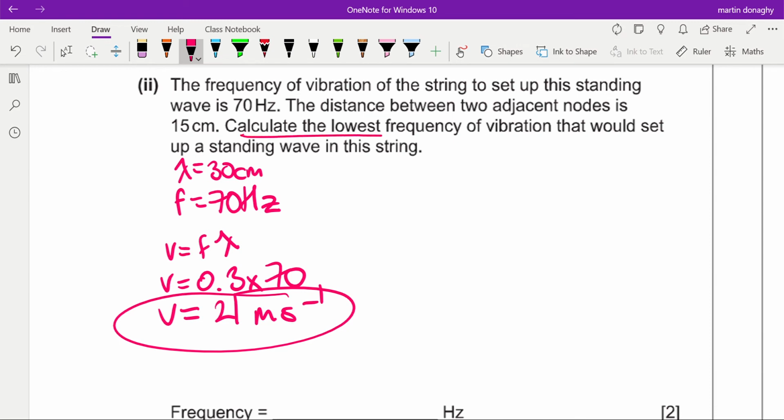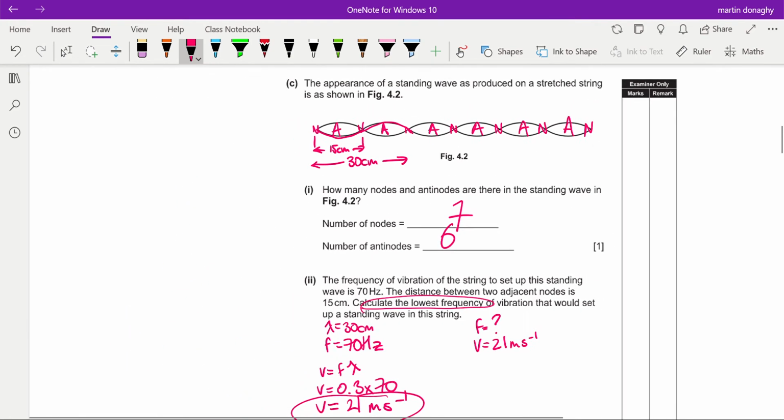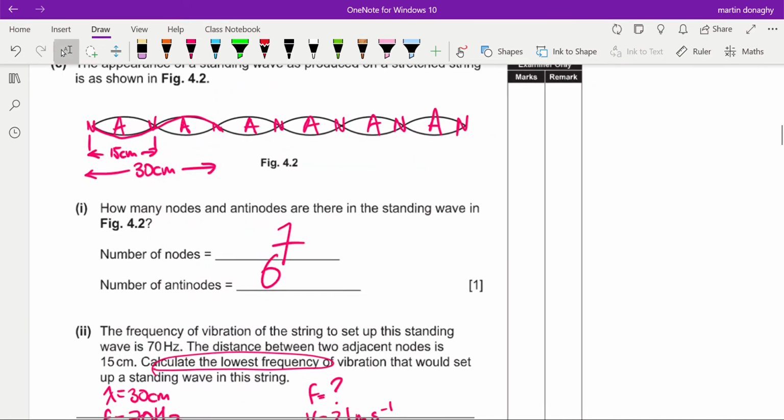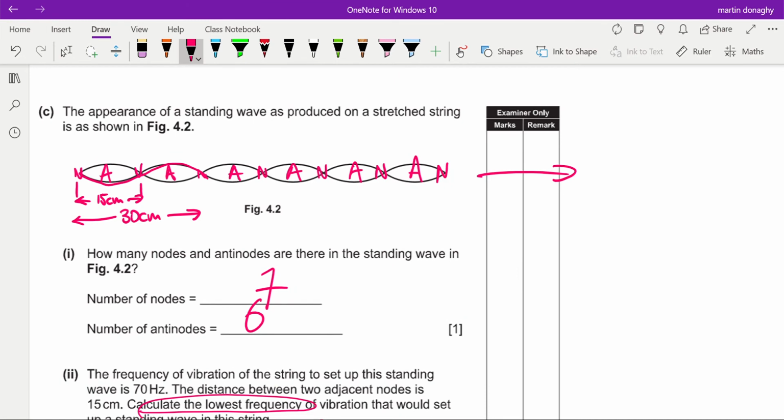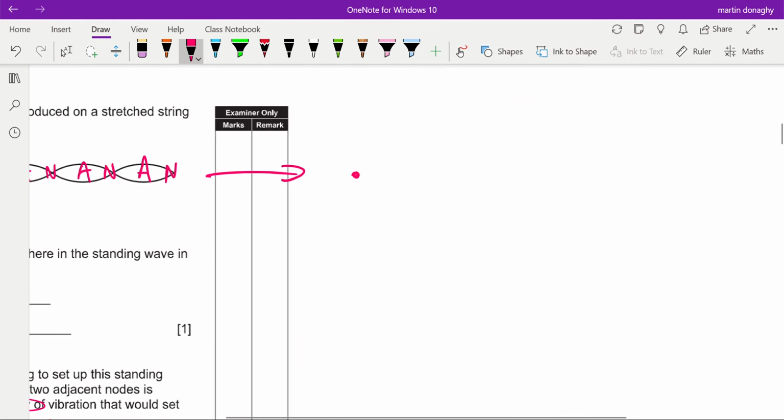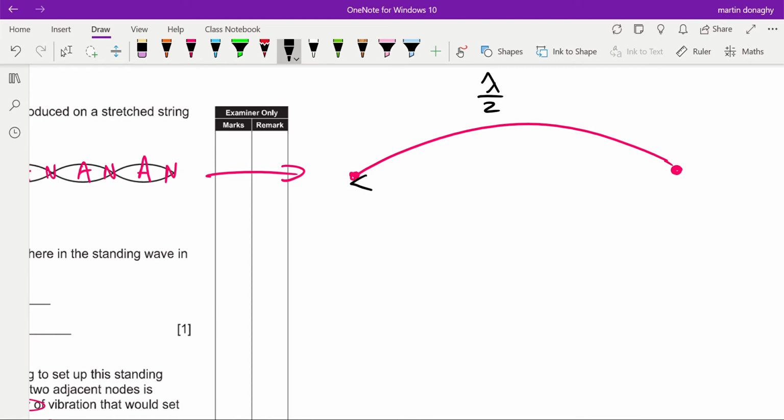Now we need to calculate what the frequency is, basically for our first mode, the lowest frequency. So v is still 21 meters per second. To find f, we'll need the wavelength. If we look at our diagram again, in the first mode of vibration, it's going to vibrate like that, in such a way that we have half a wavelength.